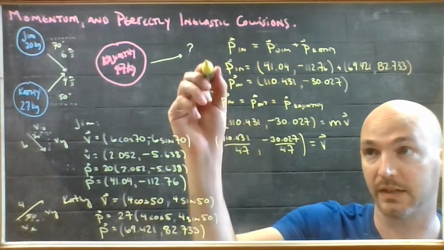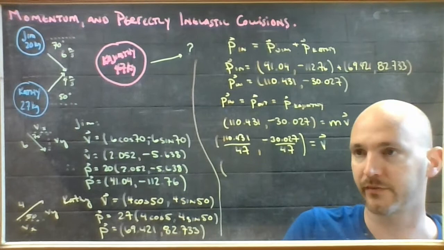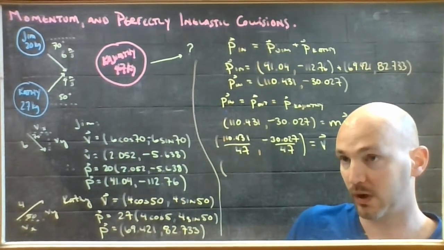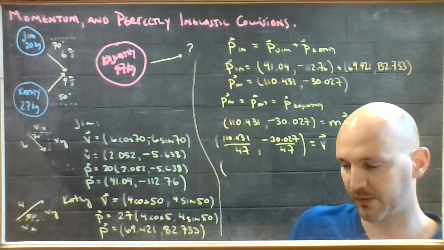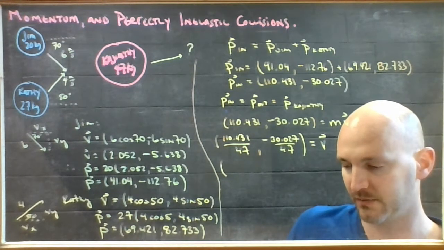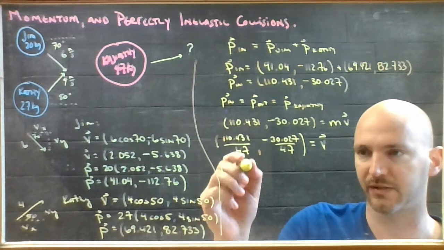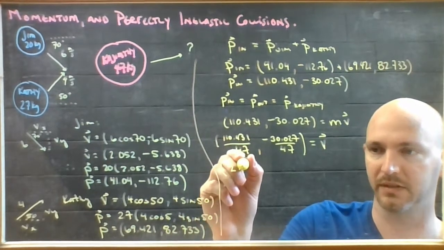So I'm going to do that. This divided by this and this divided by that. So 110.431 divided by the combined mass of 47 kilograms gives me 2.350 if I round properly.